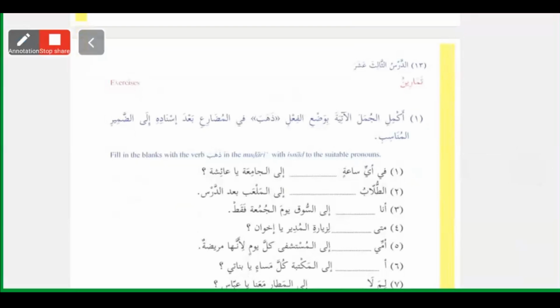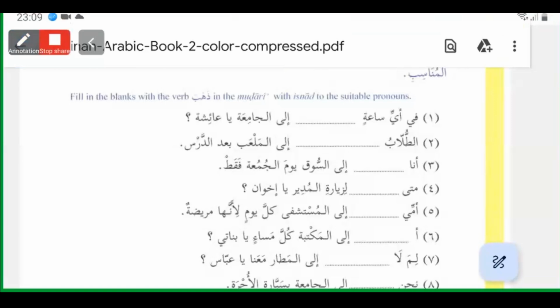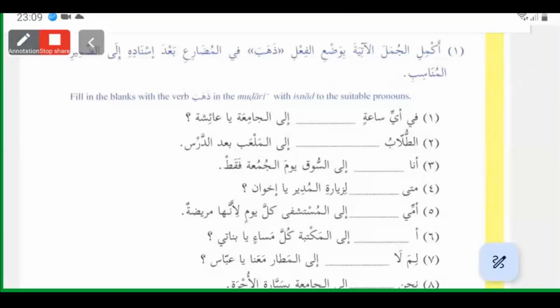Now coming on to the tamareen here. The exercise is: akmil al-jumal al-atiyata. We have to complete the sentences by putting the fi'l zahaba in the form of mudari' after attaching it to the zamir, بعد إسناده إلى الضمير.